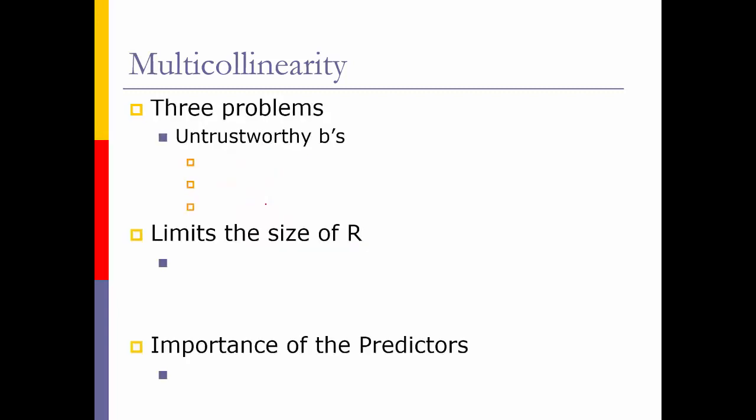So there's three problems that we have if we have multicollinearity. We have untrustworthy coefficients. So what happens as collinearity increases, our standard error of our b-values also increases.